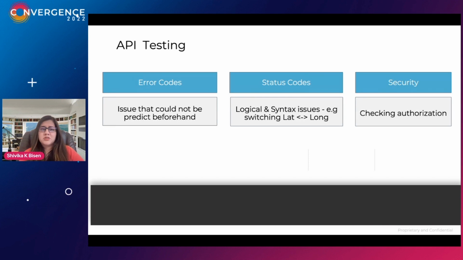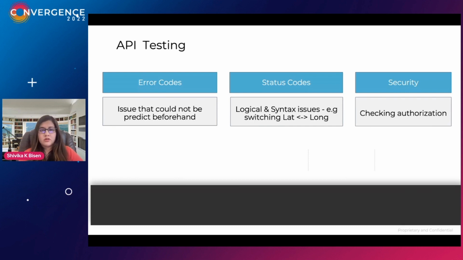But what if the user wrongly gave longitude instead of latitude, and vice versa? In that case, the logic of the model might break. Even though the data type was okay, it was still wrong. To handle such cases, status codes need to be prepared, and we have to test with different data.